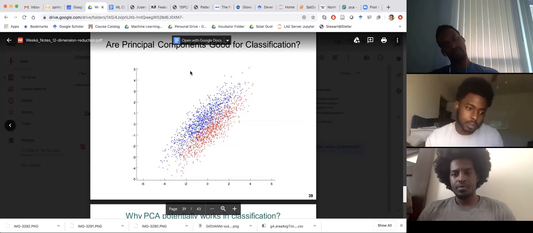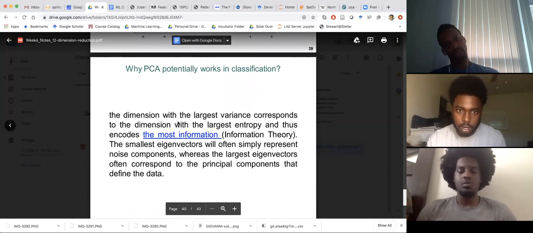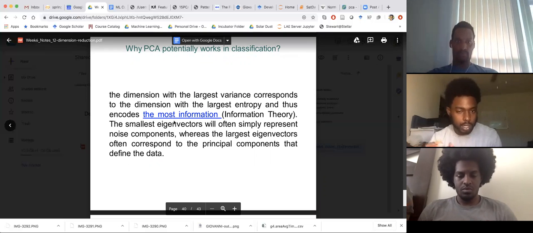I don't understand this very well yet, but because we're looking for the dimension with the largest variance, and assuming, as information theory says, the largest variance has the largest entropy, which carries the most information, PCA is going to ignore small eigenvectors that don't capture that much variance.